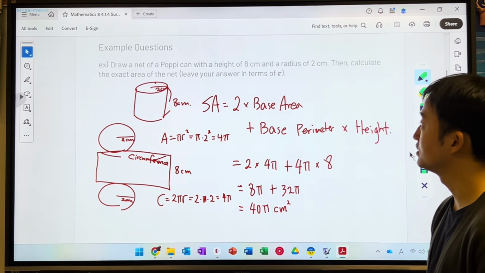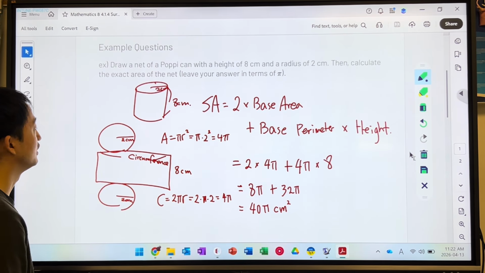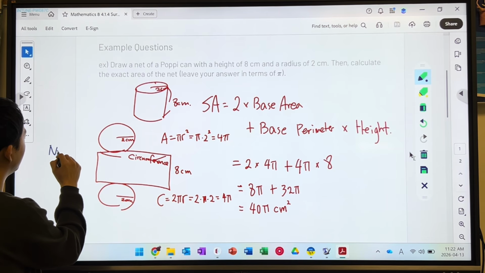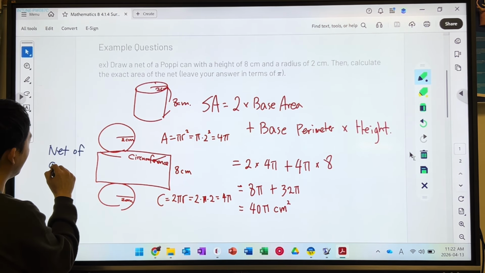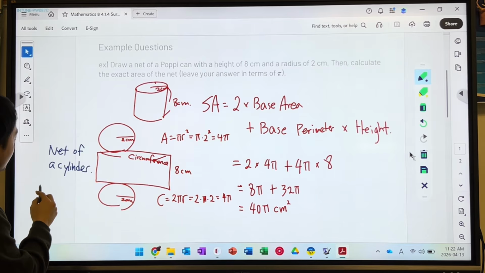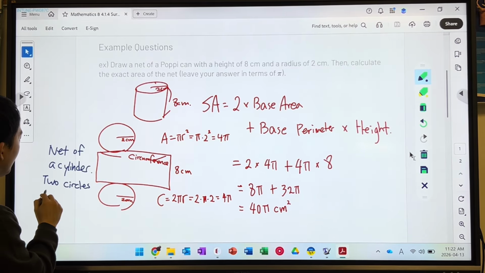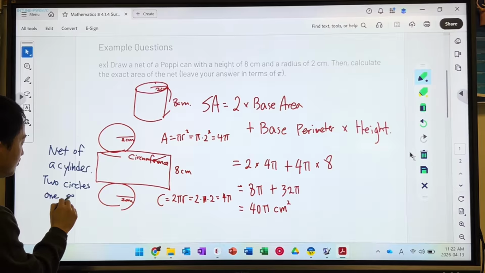Let's annotate the process. First of all, we find the net of a cylinder. Interestingly, we have 2 circles and 1 rectangle.